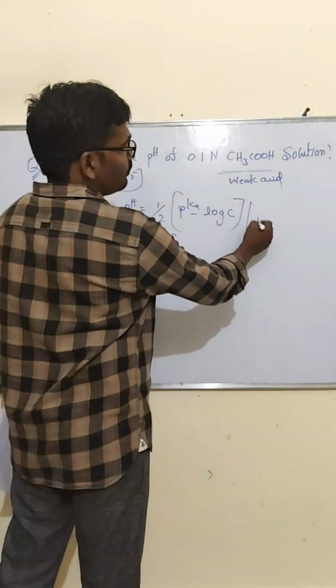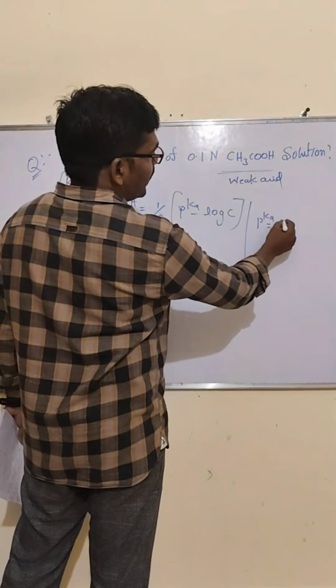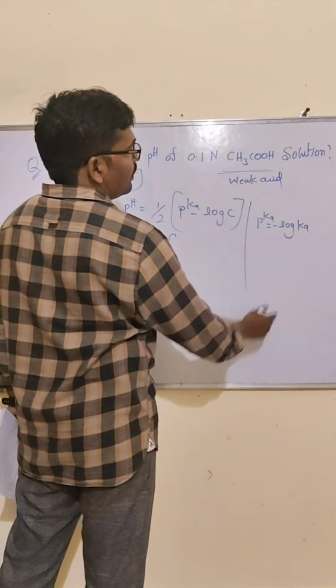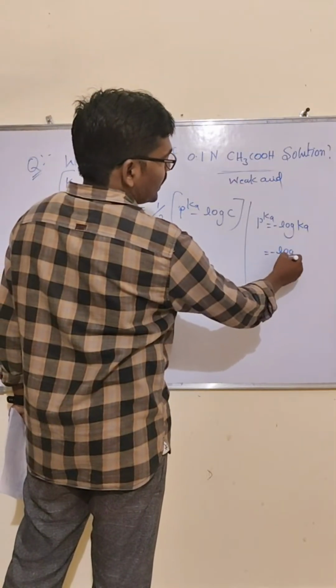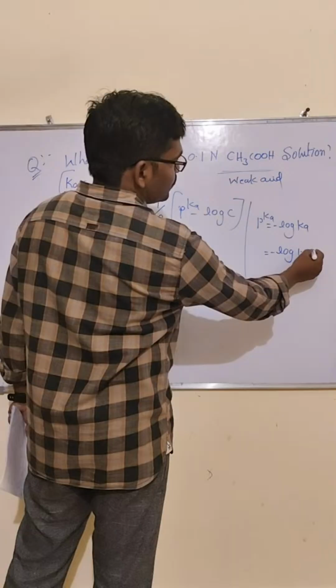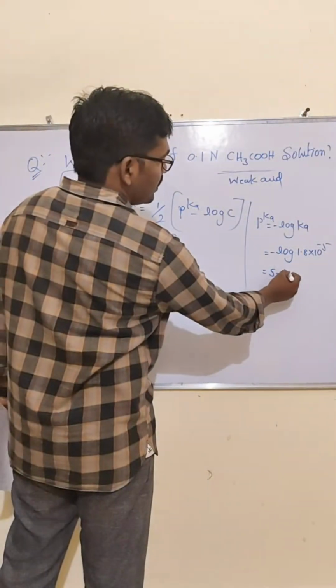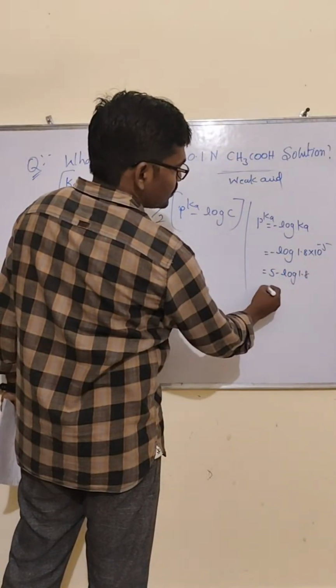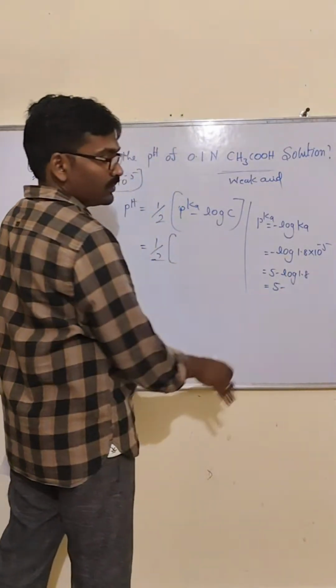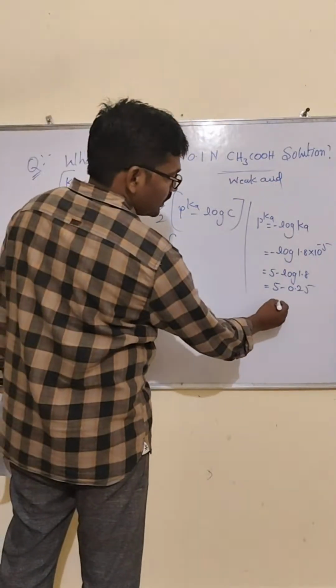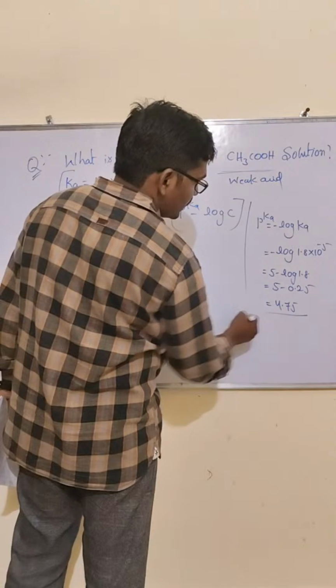So to find pKa, pKa equals minus log Ka. Ka value is 1.8 into 10 to the power of minus 5, so it is 5 minus log 1.8. Log 1.8 value is 0.25, so we get 4.75.